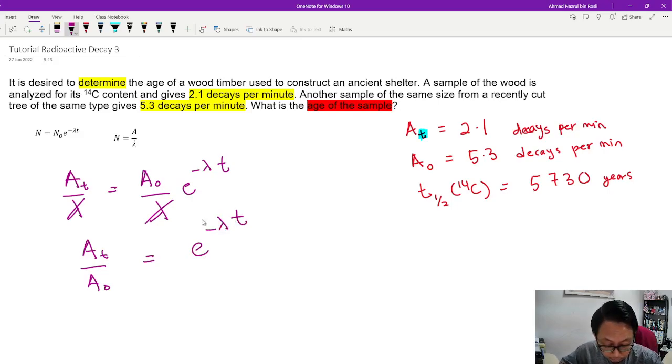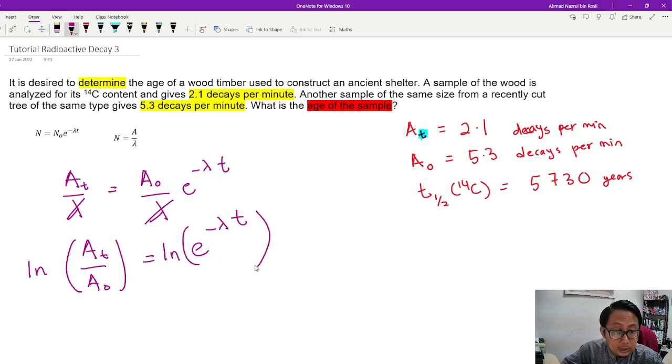To clear out the exponential, because we try to find t here, we can put ln A t over A naught equal to ln exponential minus lambda t. Ln exponential is equal to minus lambda t. So we have ln A t over A naught equal to minus lambda t.